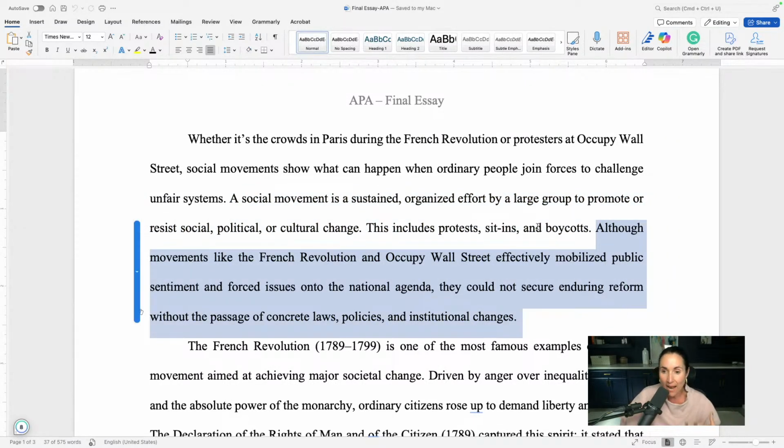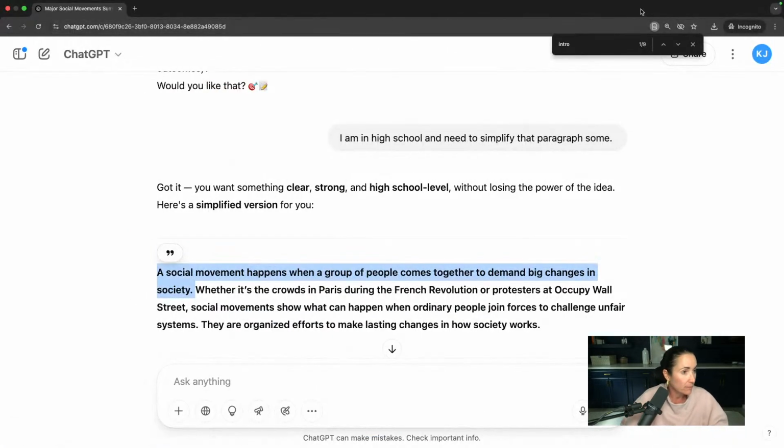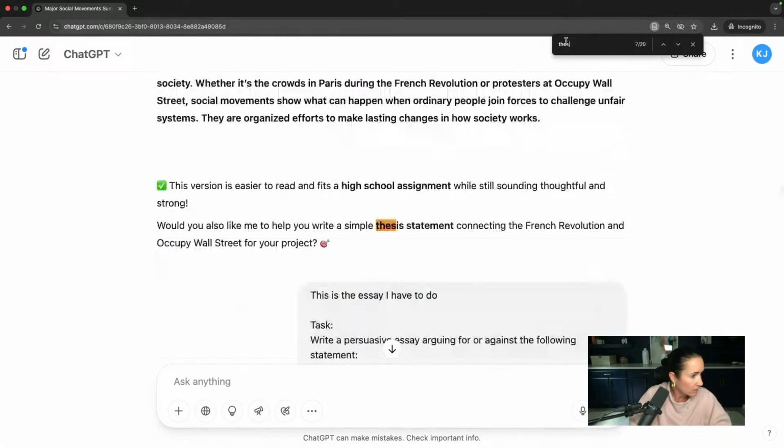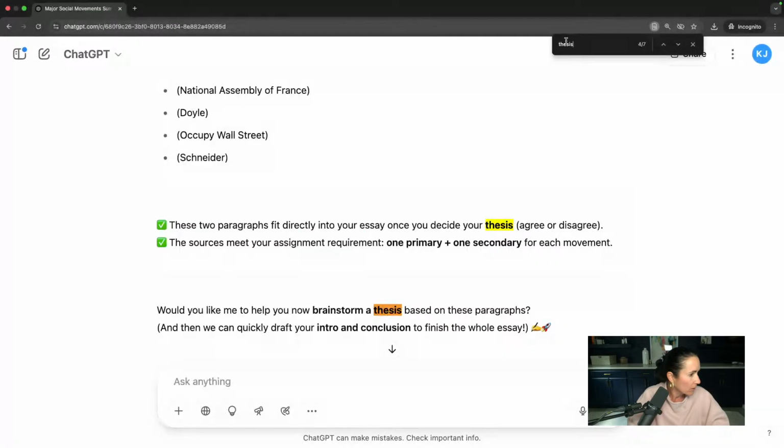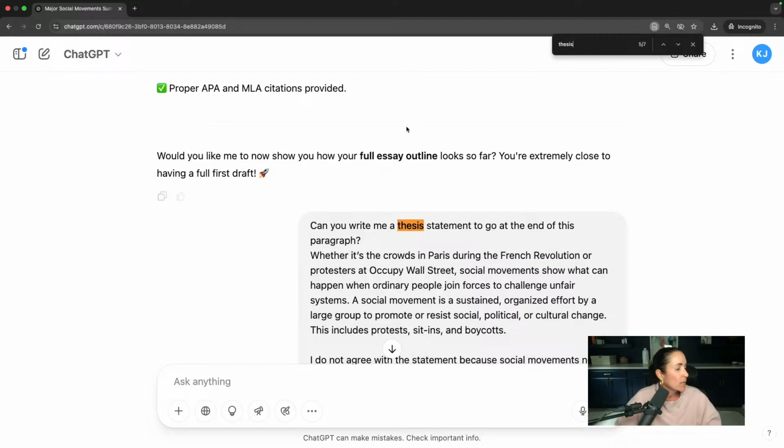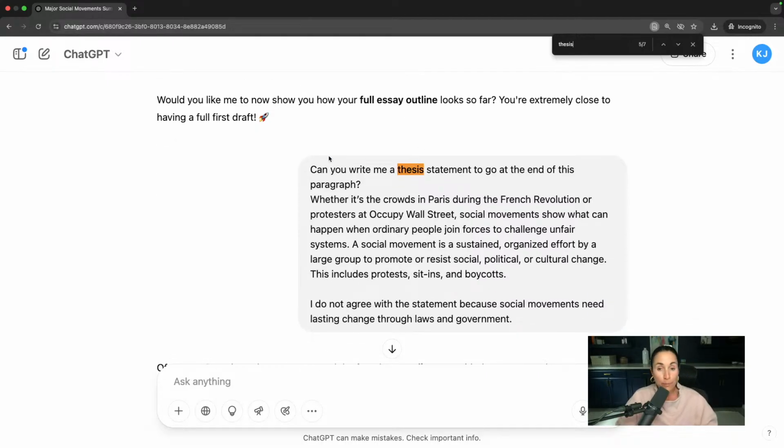Now, I asked AI to help me with the thesis statement. Let's see if I can find it. Here we go. So I put it in here: whether it's the crowds in Paris during the French Revolution or protesters on Occupy Wall Street. I gave it the intro that I wrote so far.